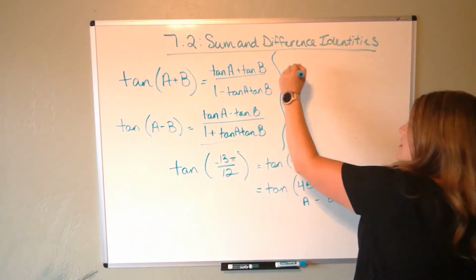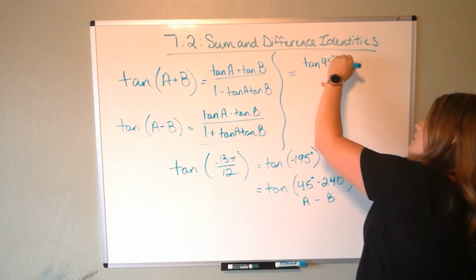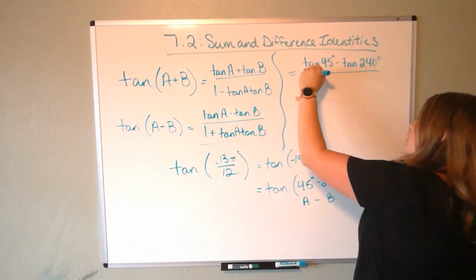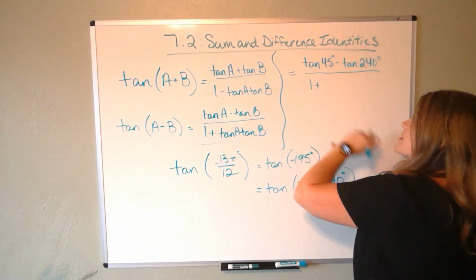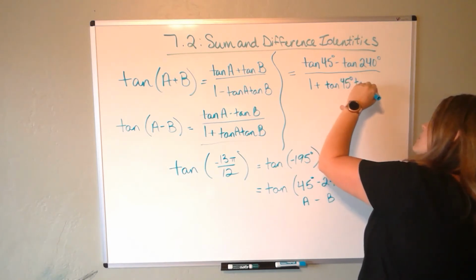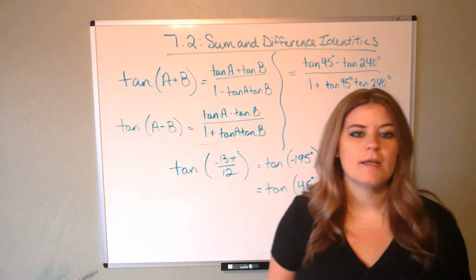Tangent A minus B is tangent A minus tangent B over 1 plus tangent A tangent B. Now you guys, you really have to be careful when you're doing the differences.